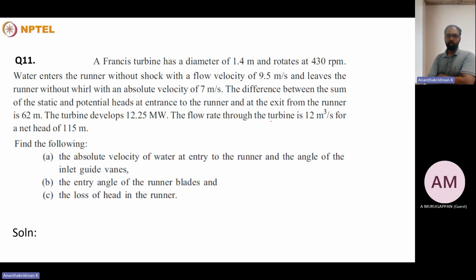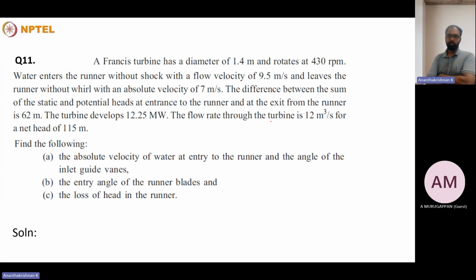We have to find the absolute velocity of water at entry to the runner and the angle of the inlet guide vanes, the entry angle of the runner blades, and the loss of head in the runner. So we need to calculate three parameters.